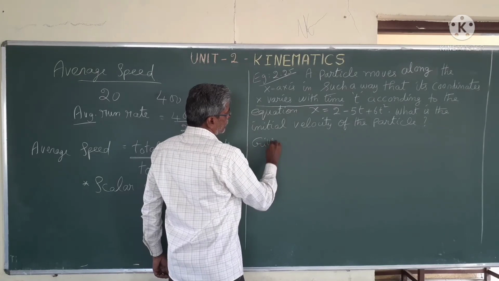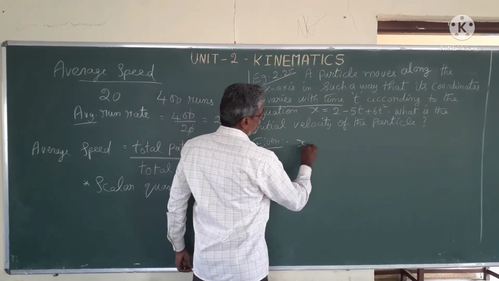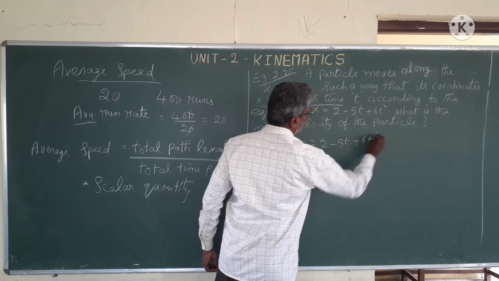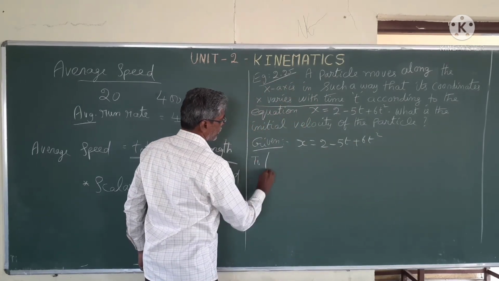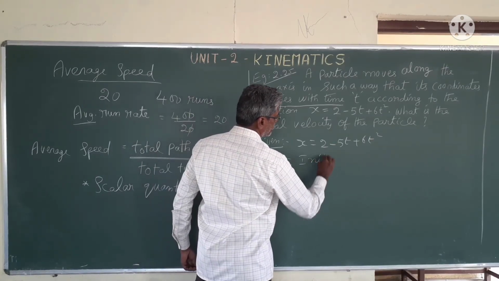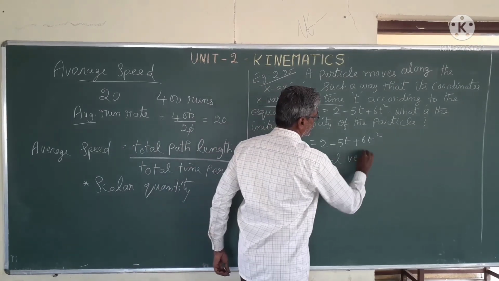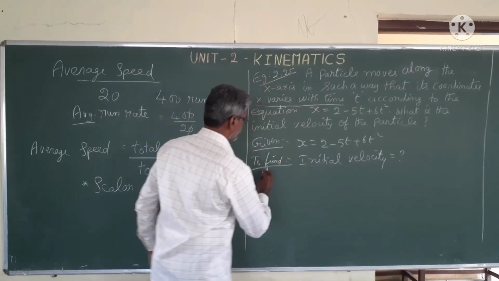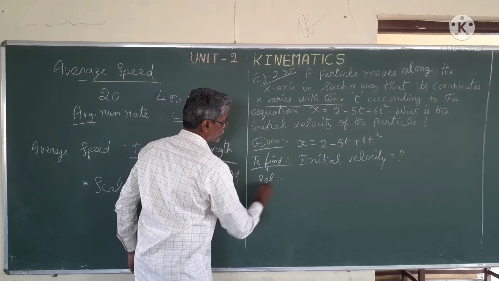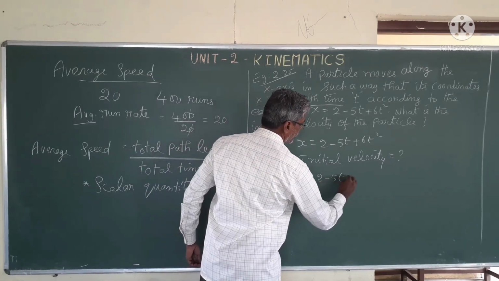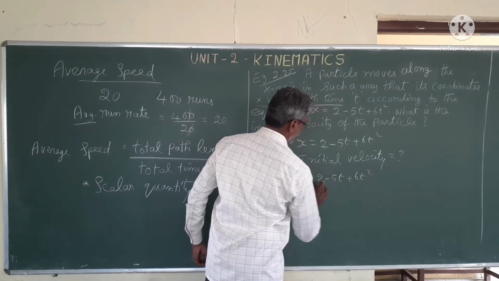Given x is equal to 2 minus 5t plus 6t square. What we have to find is the initial velocity. So solution. x is equal to 2 minus 5t plus 6t square.